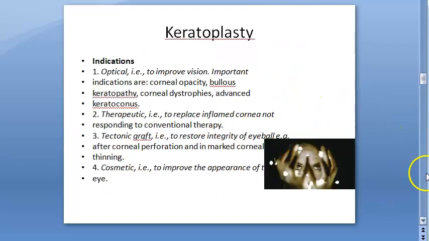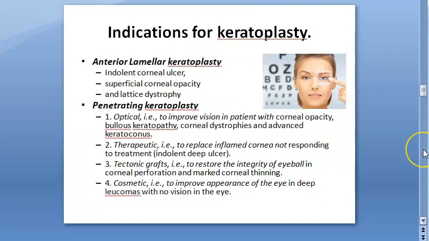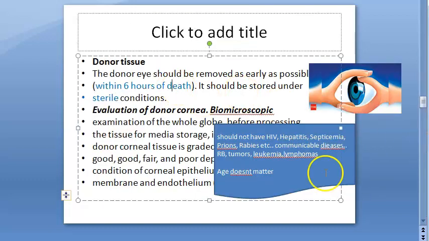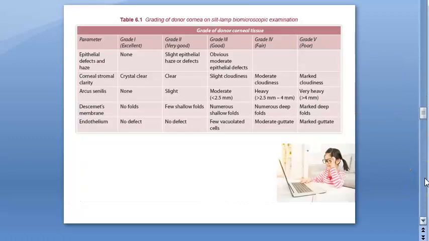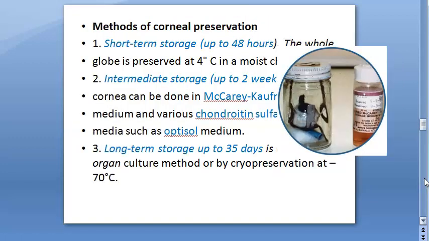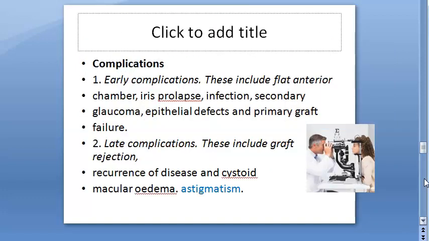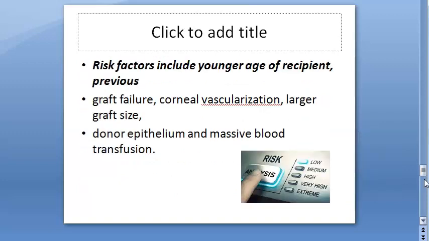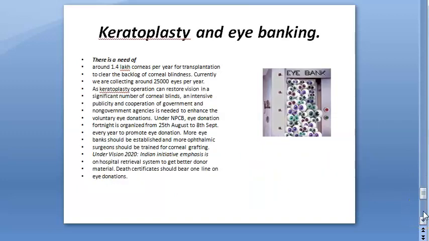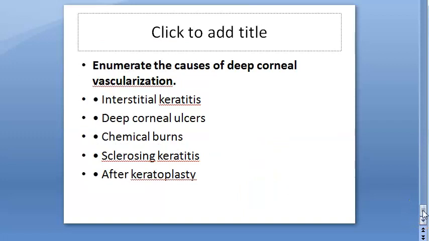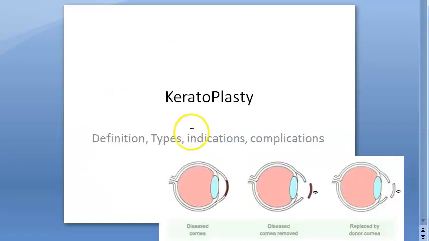Then the surgical technique, the indications for keratoplasty, how to take the eye and how to grade the cornea, methods of preservation of corneas, how exactly the technique is done, what complications can happen, risk factors, how to identify the complications, etc. Okay, let's continue.